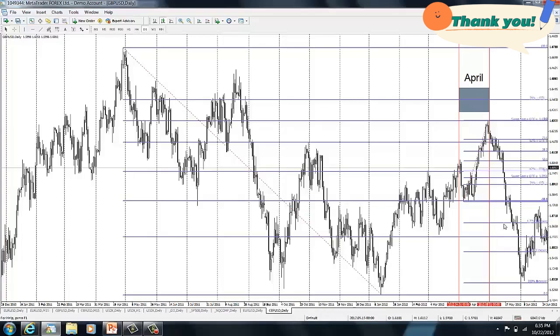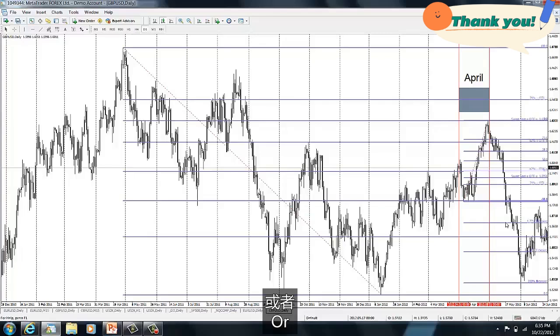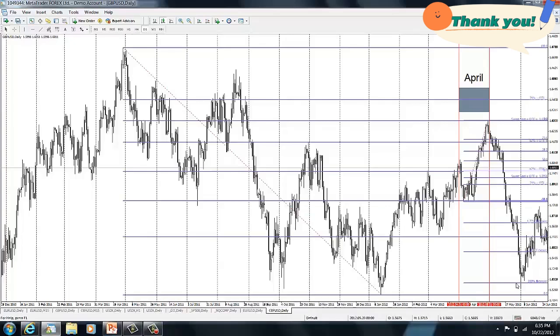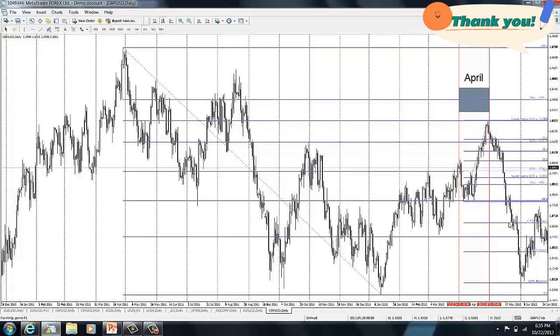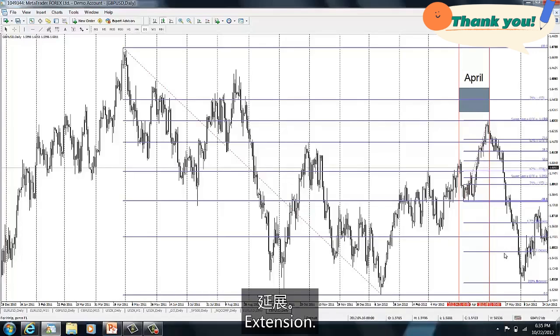Now you could take 30% off of the total position, okay, or you could take 20 at 162, and then leave the remaining portion to reach for 200, or you could just take the remaining 50%, divide it by 30 of the original position, take it off at 127, and then the remaining 20% would be off at 162 extension and not reach for the 200.